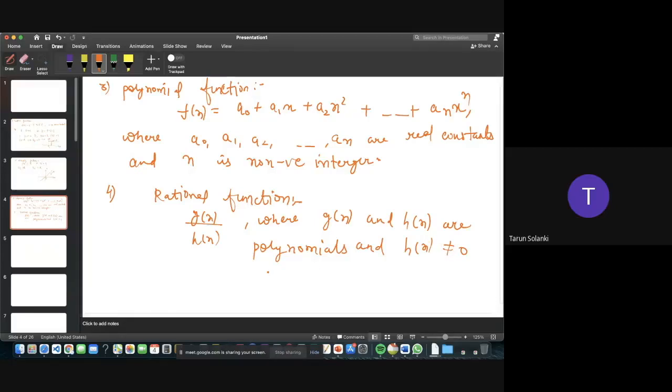So this is called a rational function. Okay, so you can copy it.